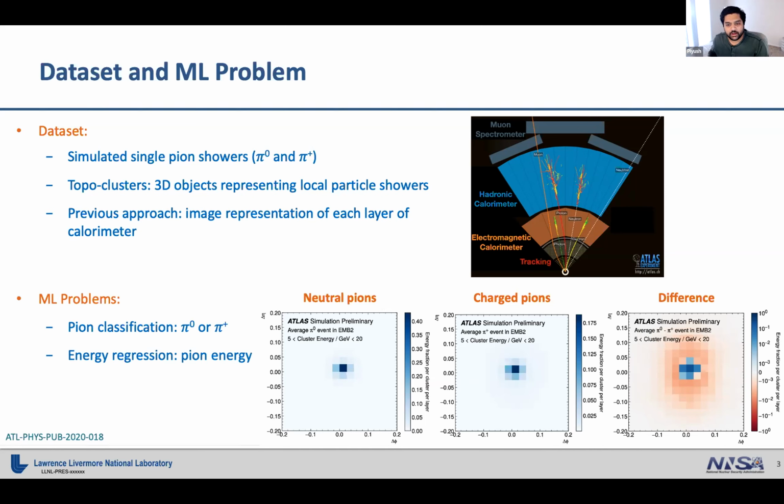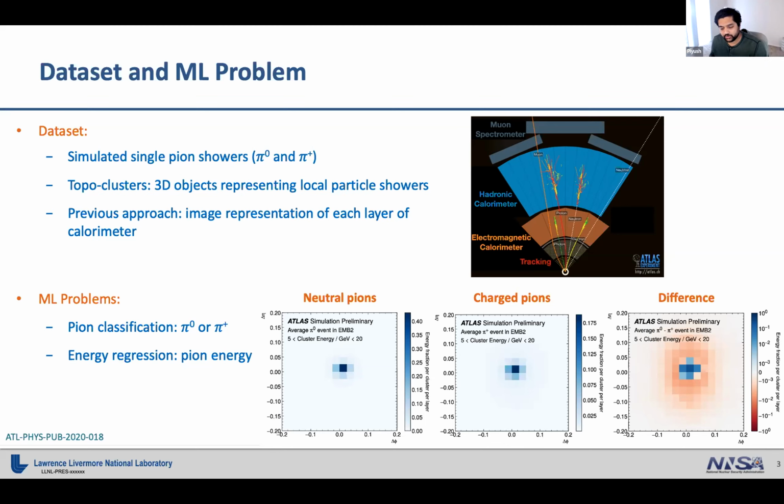Here you're looking at a couple of examples, average images of neutral and charged pions in one of the EM layers, electromagnetic layers. And this is just the difference between the two to get a sense of how different they are from each other. So, like I said, we used representations like this for our CNN model previously.